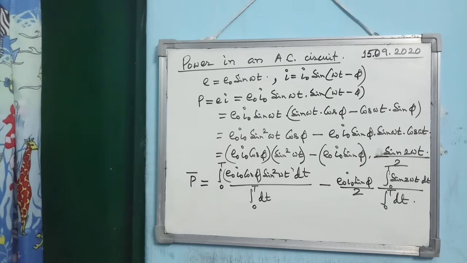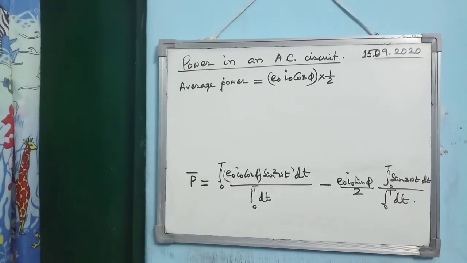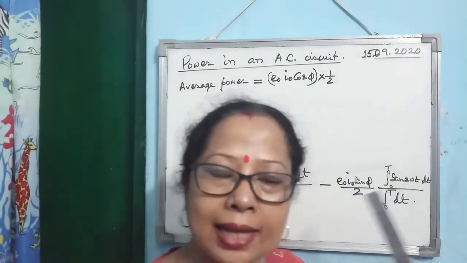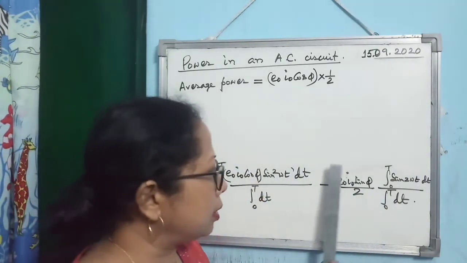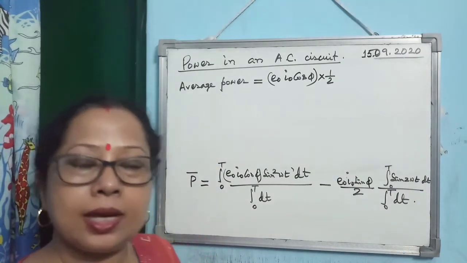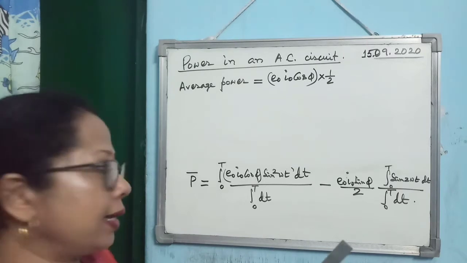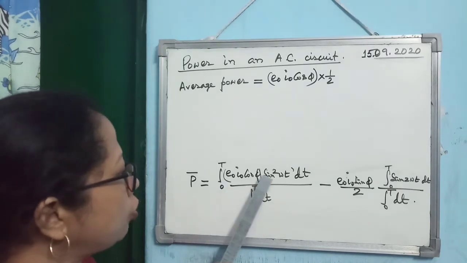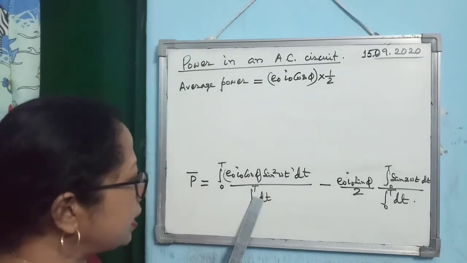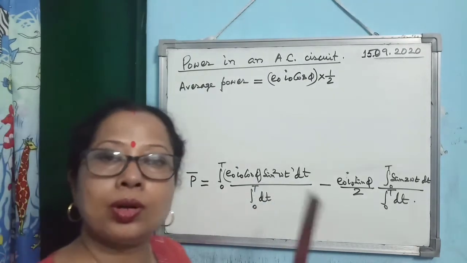Now, as bio students do not have this maths, you do not need elaborate steps. You can apply the concept directly. Here the integration from 0 to T of sin square omega t dt divided by the integration from 0 to T of dt is equal to half.